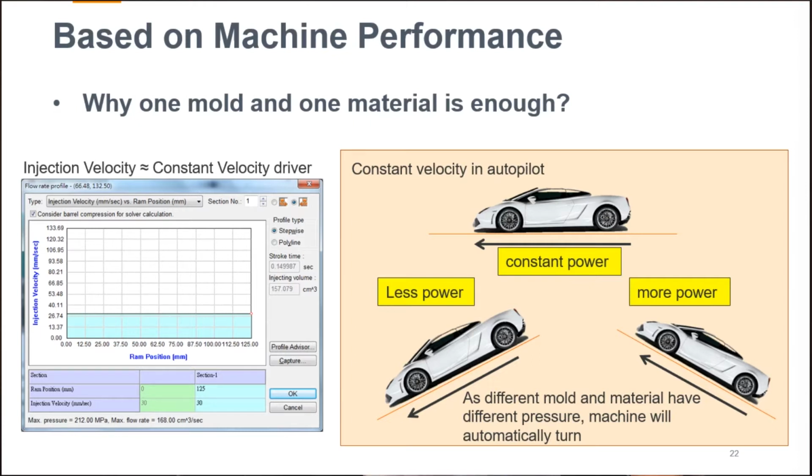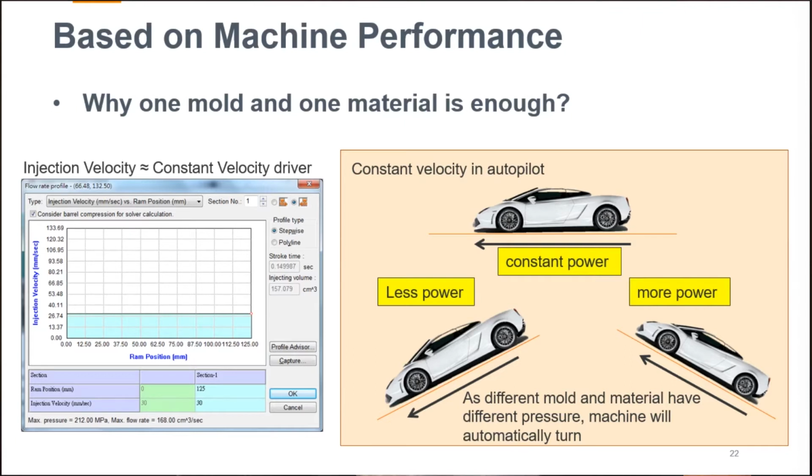This concept is the same in an injection machine. When we set up a constant velocity in our injection machine, the machine will try to maintain the velocity. Even if we change the mold, say to a smaller part that is more difficult to fill, in order to maintain the same speed the machine will automatically increase the power, increasing the sprue pressure by itself.